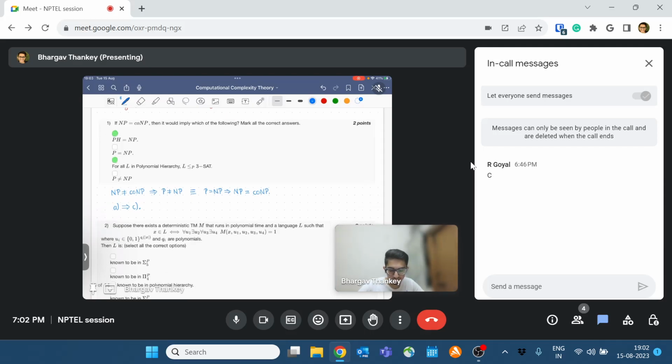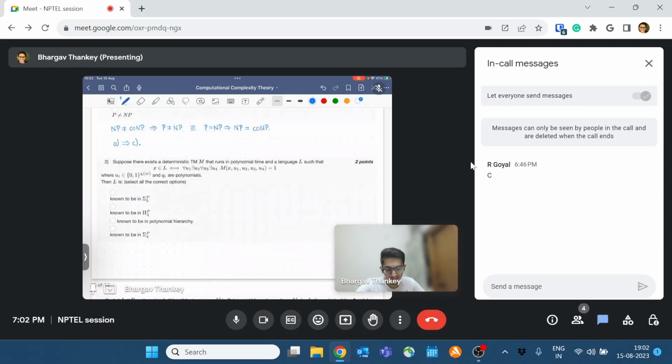Okay, so the next problem: suppose there exists a deterministic Turing machine M that runs in polynomial time, and a language L such that x is in L if and only if for all u1 there exists u2, for all u3 there exists u4, so that M on input x, u1, u2, u3, u4 is 1, where ui is in {0,1}^qi(|x|) and the qi are polynomials.